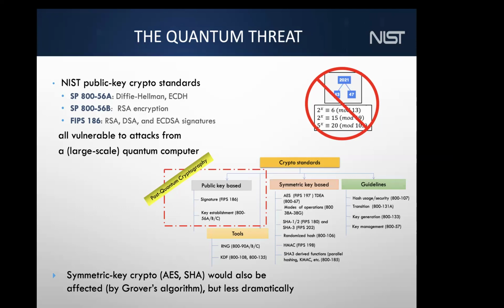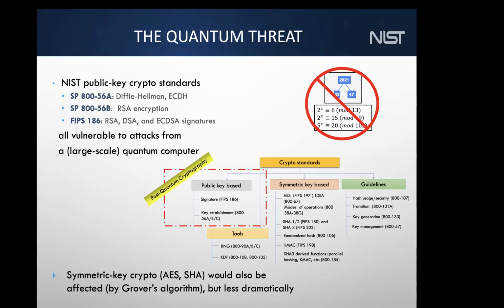Now, some of our other cryptographic standards will also be impacted because of Grover's algorithm. This includes our symmetric key algorithms like AES and our hash functions SHA-2 and SHA-3. These are very, very widely used algorithms. We rely on them. The impact is not as drastic. We would potentially need to use longer key lengths and longer outputs from our hash functions, but that is much more manageable to do.